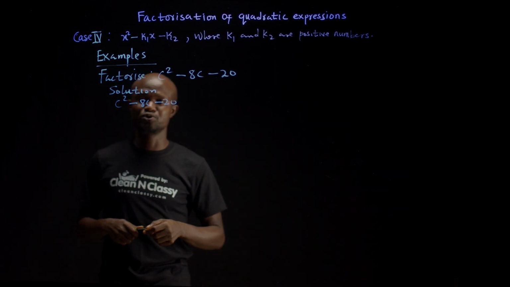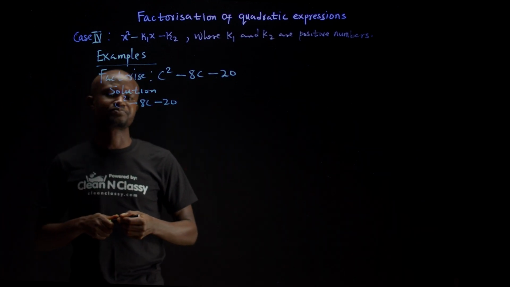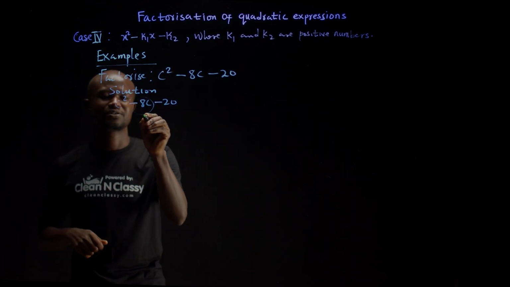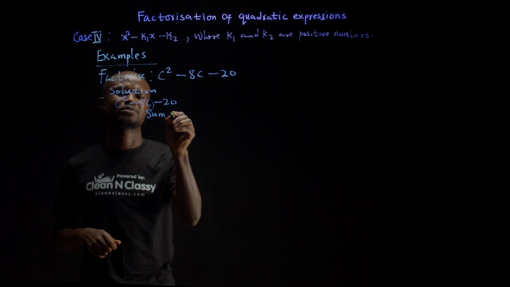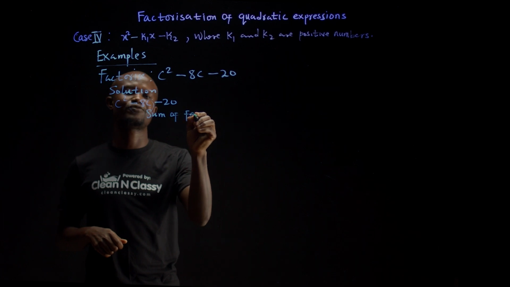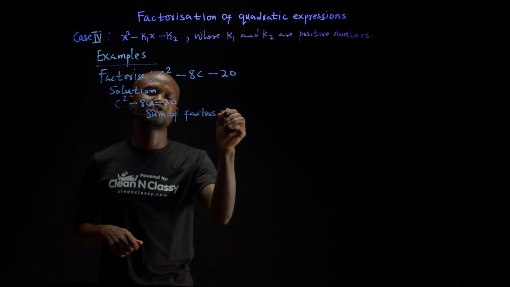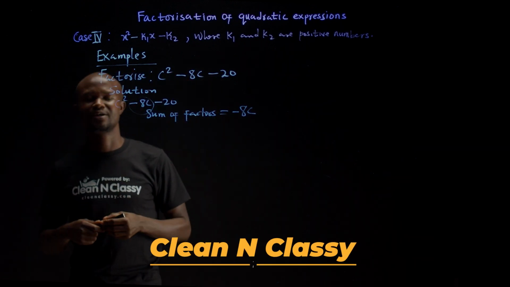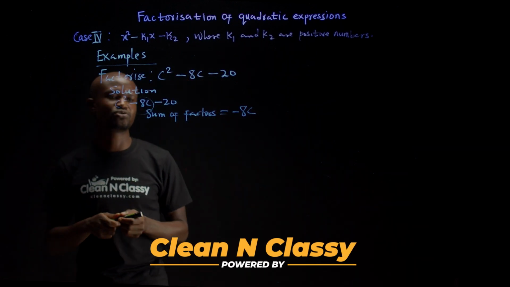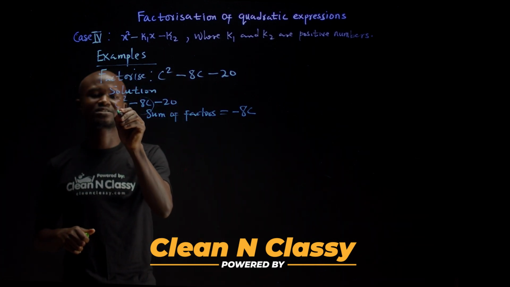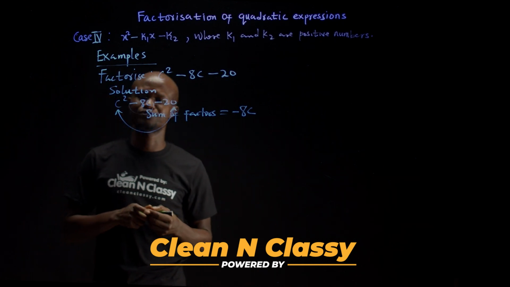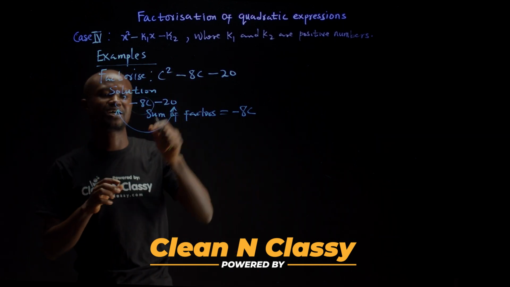So the first thing to do is to write out the sum of factors, and the sum of factors is the middle term, that's minus 8c. Now the next thing for us to do is to get our product of factors, and that's the product of the first term and the third term.